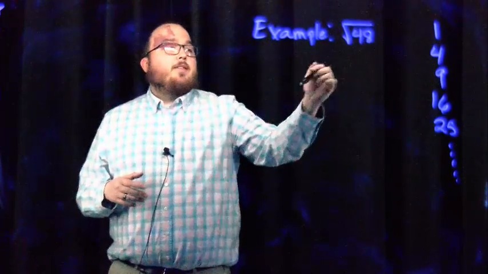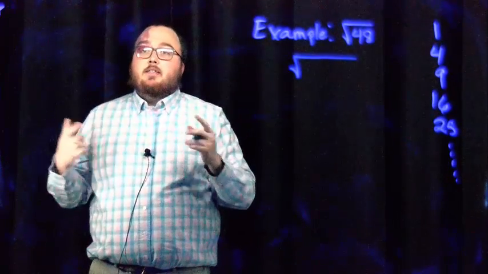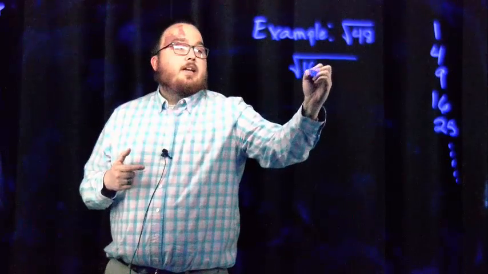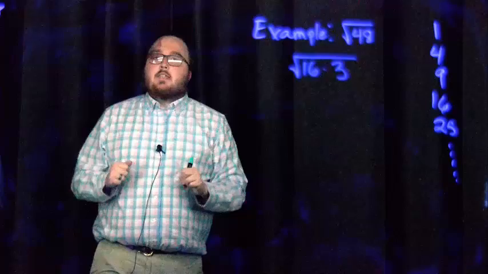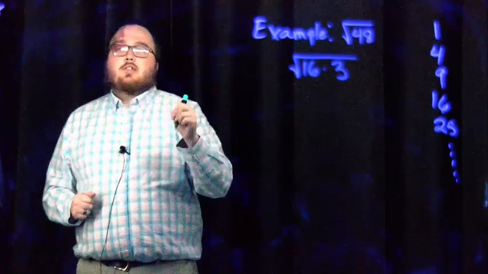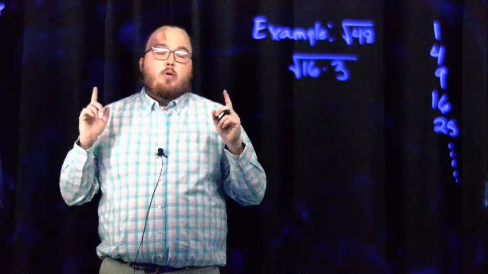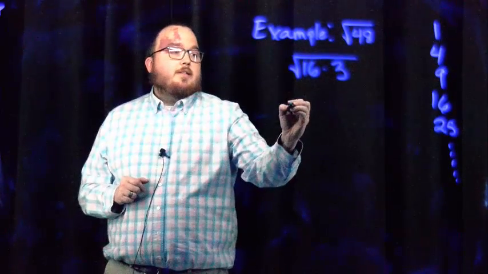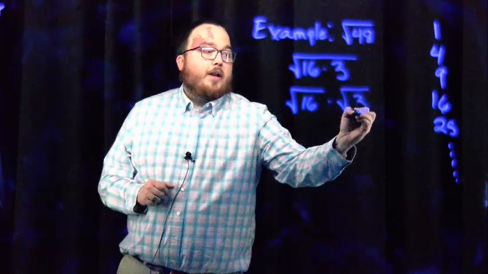So what I do is I rewrite this as the square root of 16 times 3. Again, the reason I chose 16 is because it's a perfect square. Okay? So now, using my product rule, I can rewrite this as the square root of 16 times the square root of 3.